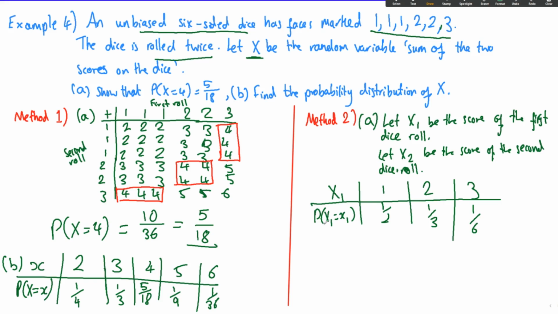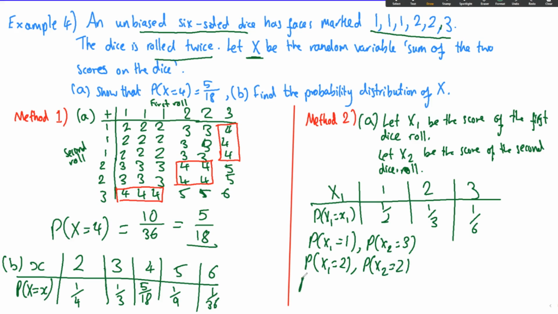So now that we know the probability distributions of both of the dice, let's see what values of lowercase x1 or lowercase x2 we can get to get 4. So for example, x1 could equal 1 and x2 could equal 3. What else could we have? We could have the probability of x1 equaling 2 and the probability of x2 equaling 2 as well.